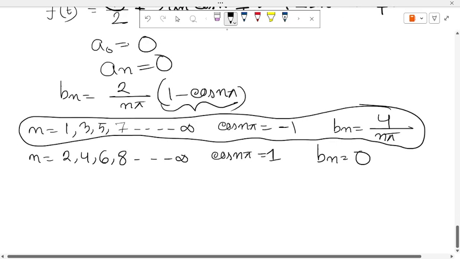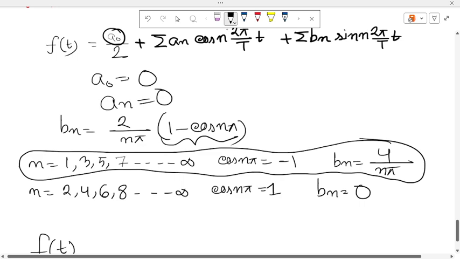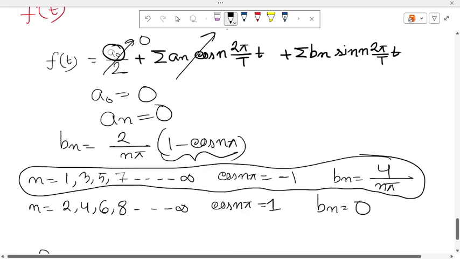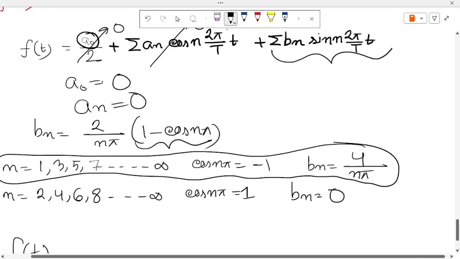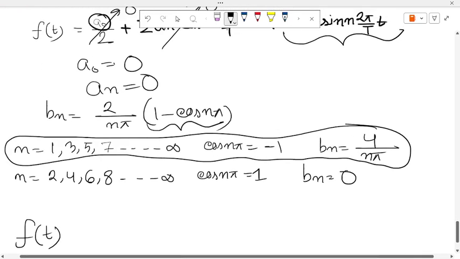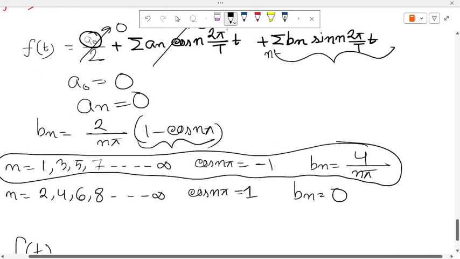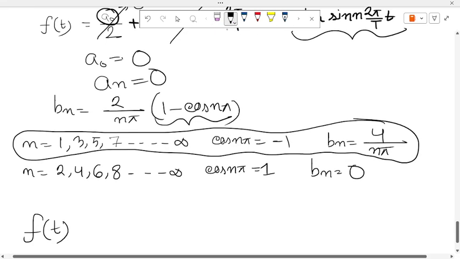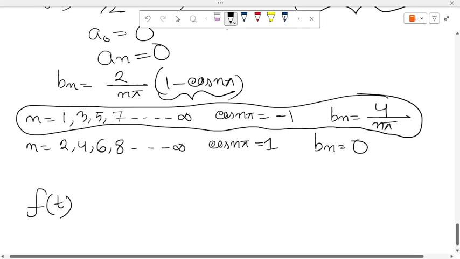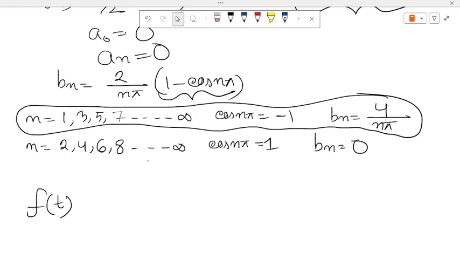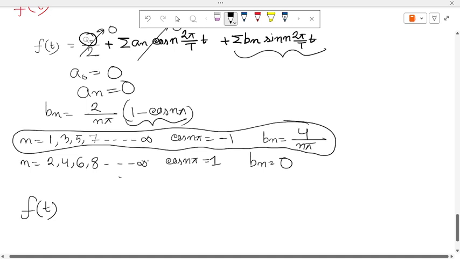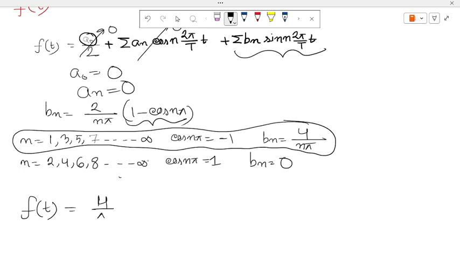So finally I have obtained the equation. This term is equal to 0, this is also 0. I will have this term. First of all, we have to take n equal to 1. So if I take n equal to 1, I will have 4 divided by pi sine 2 pi by T into t.